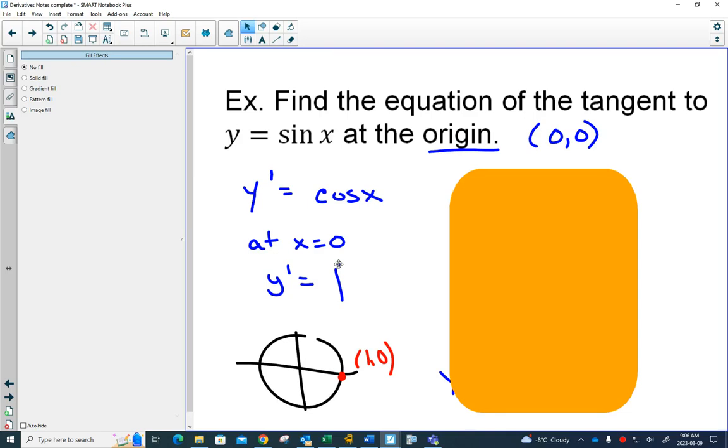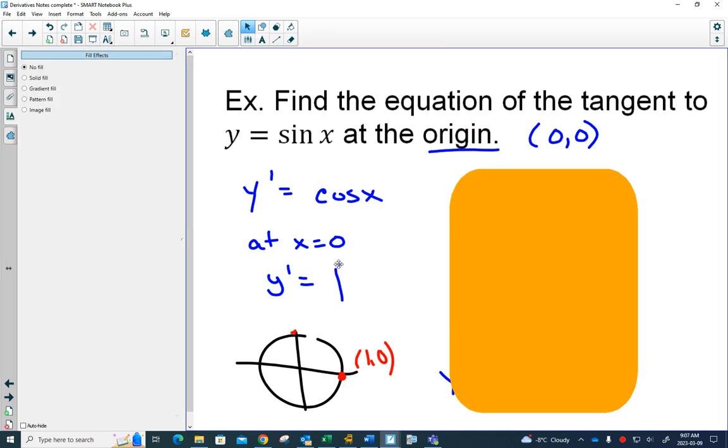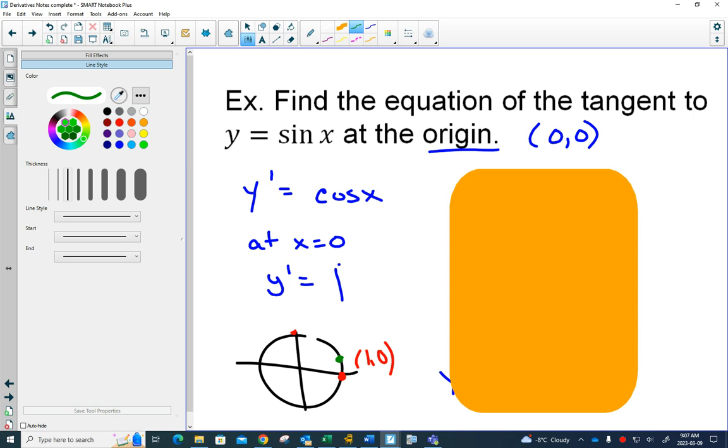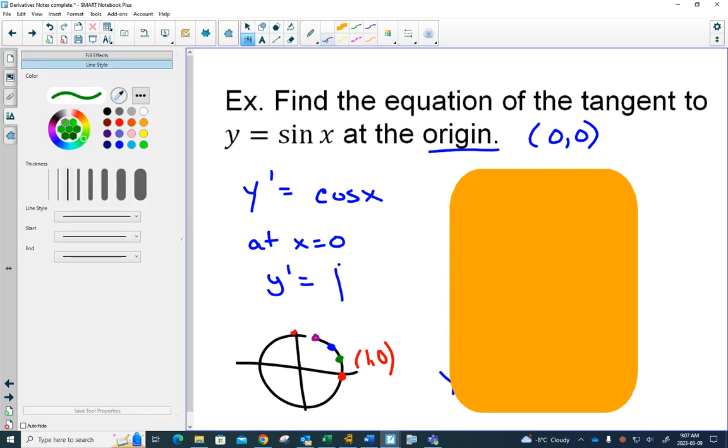If you know all of the answers in quadrant 1, okay, so here are the pi over 6 family, the pi over 4 family, and the pi over 3 family. For the coordinates of these, as a shortcut, I like to use counting.